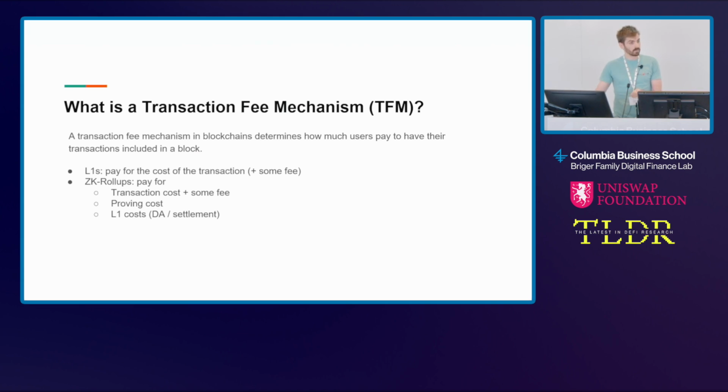For a ZK rollup, we don't just have to cover the normal gas cost we might have to cover in the L1, but we have to cover the transaction gas cost. We also have to cover the proving cost, and we also have to cover L1 costs. And L1 costs are composed of DA and settlement cost, as we discussed previously.